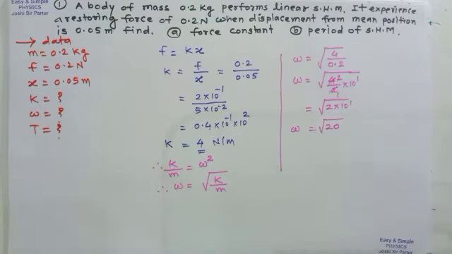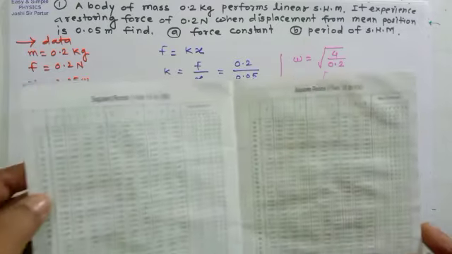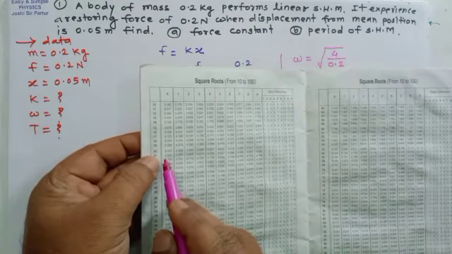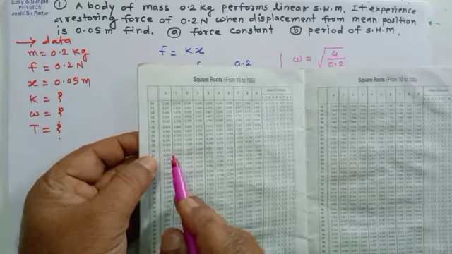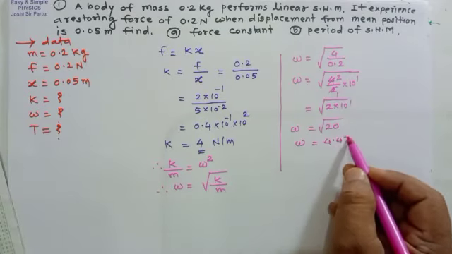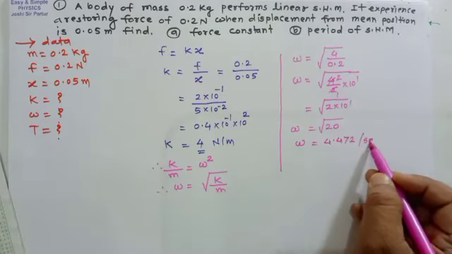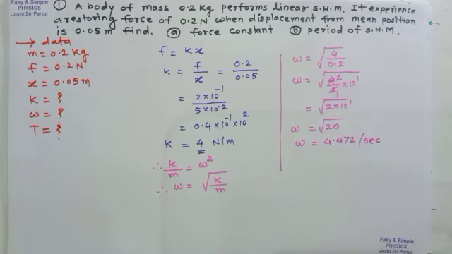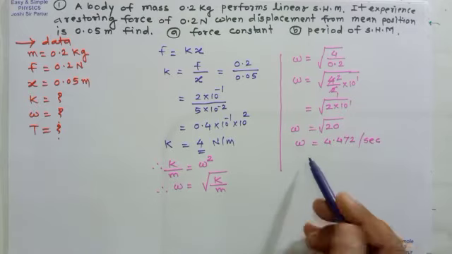By using the log table we can find out the square root of 20, it will be 4.472. So here omega becomes 4.472 per second.